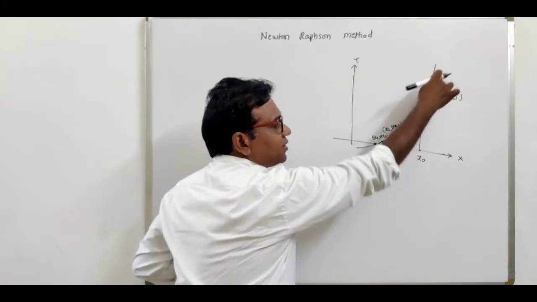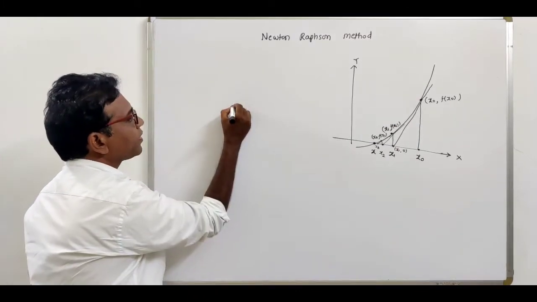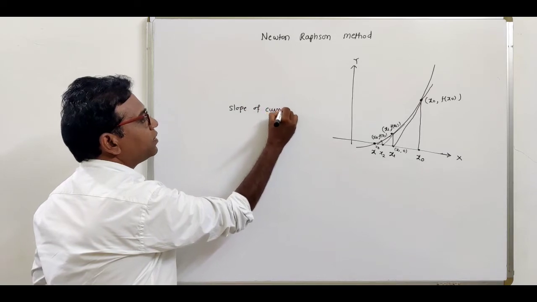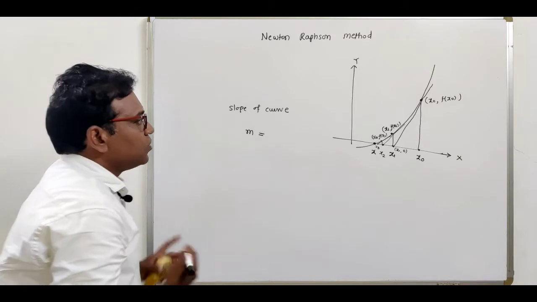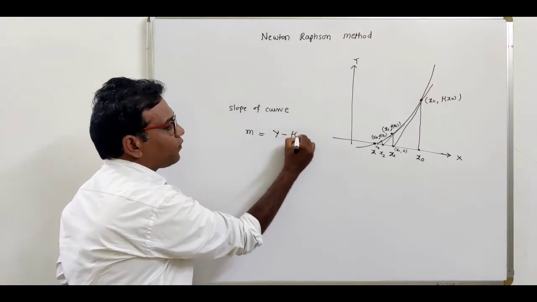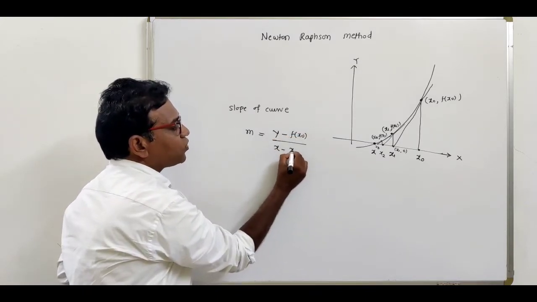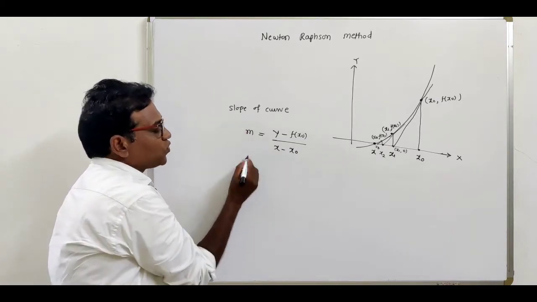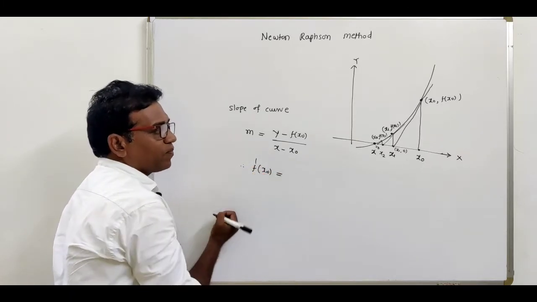Now this tangent is nothing but the slope of the curve. So see, what is the formula for slope of the curve? It is denoted by the notation, suppose m. So what is slope of the curve? That is the subtraction of y coordinates divided by the subtraction of x coordinates. So slope is nothing but the derivative at this point x0.